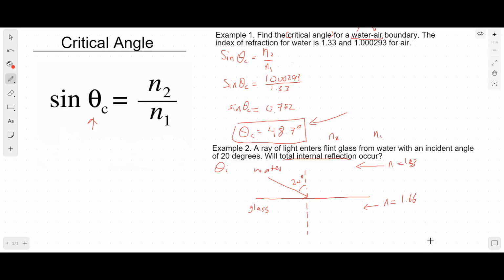Now, I'm taking a long time on purpose so that you can get to think about this, but because water is a lower index of refraction than glass, there will be no total internal reflection. So the answer here is no, total internal reflection will not occur because the first medium has a lower index of refraction than the second medium.